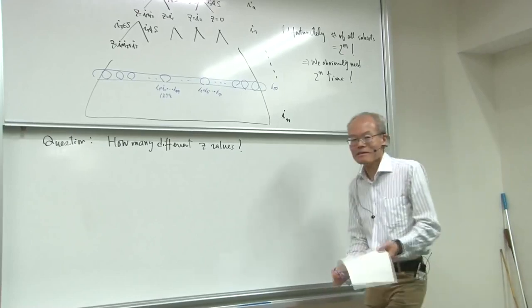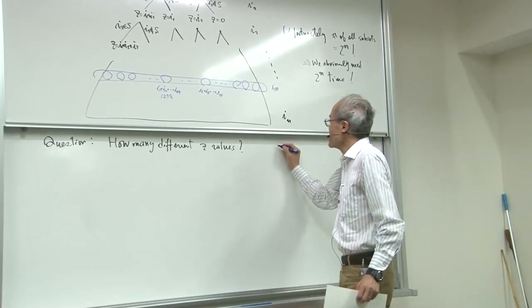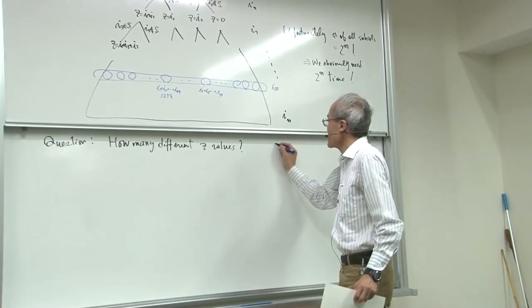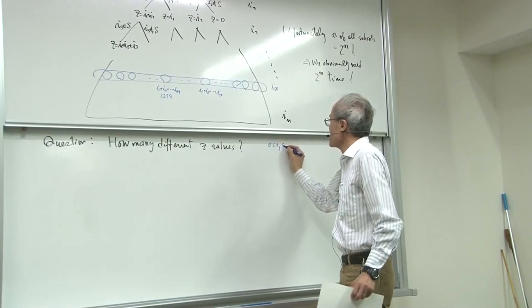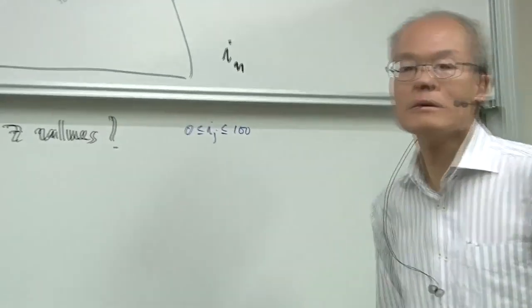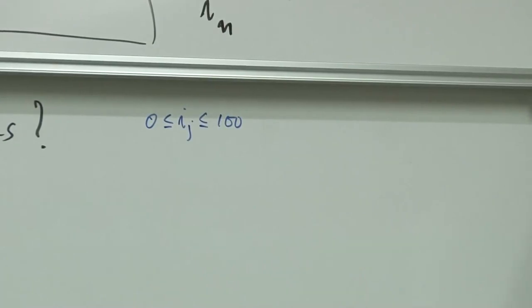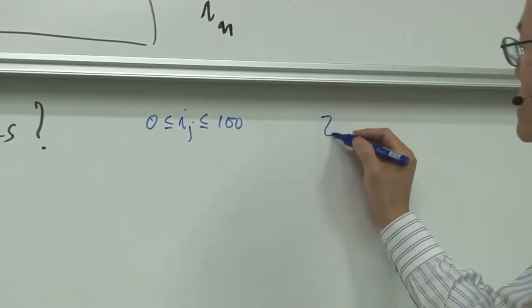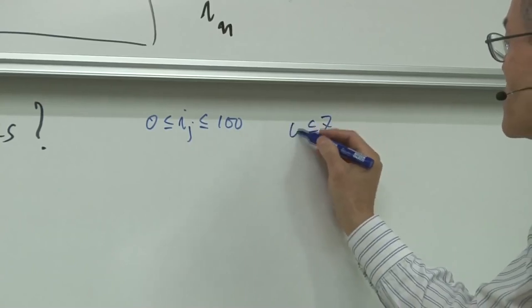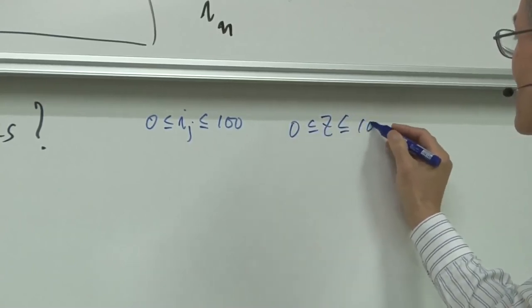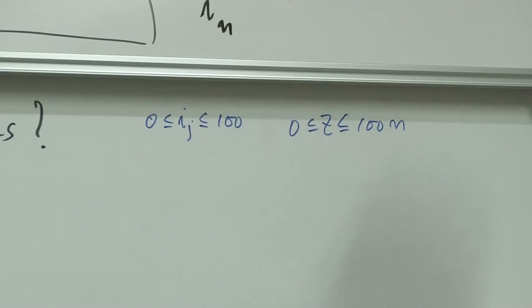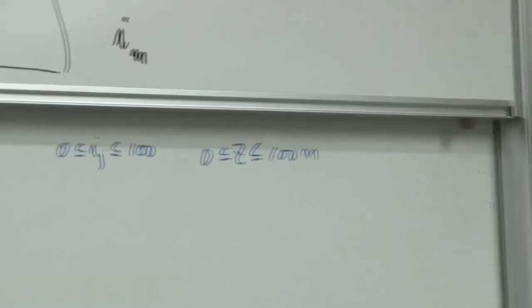Well, this is easy. Each number is between 0 and 100. That means that the value should be between 0 and 100 times n.